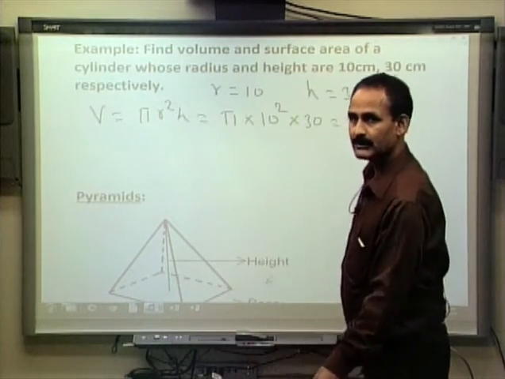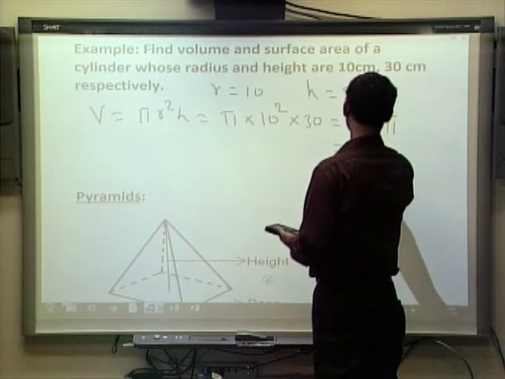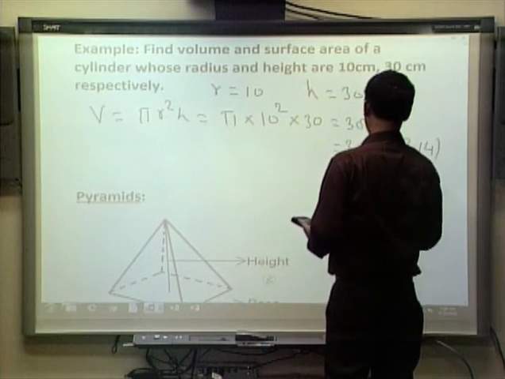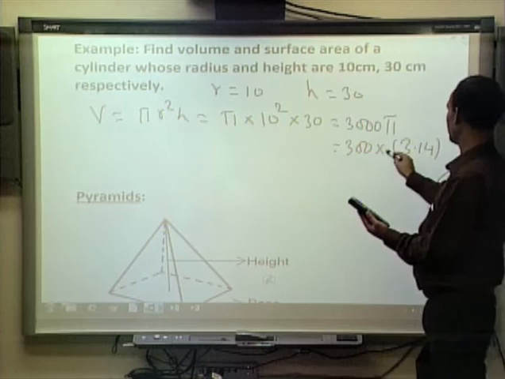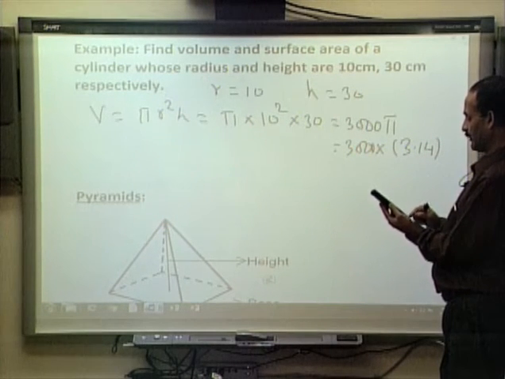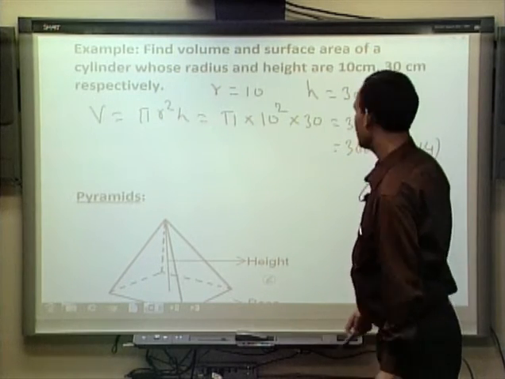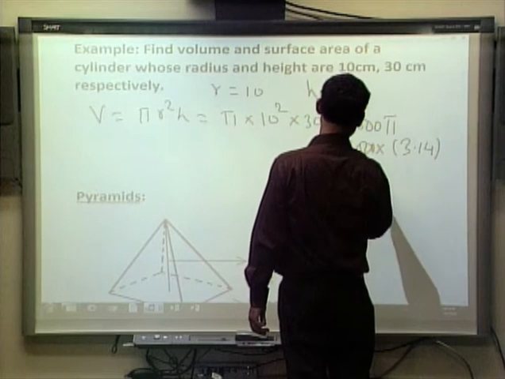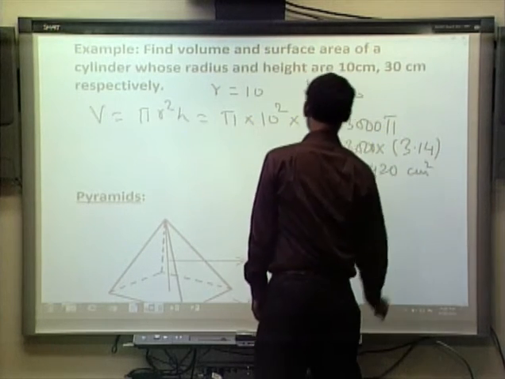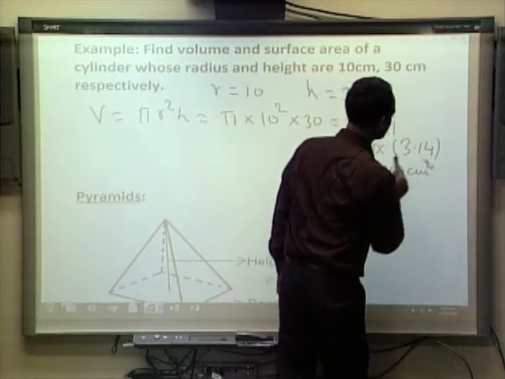If we approximate pi by 3.14, it will be 3000 times 3.14, which is 9420 cubic centimeter. This is the volume.